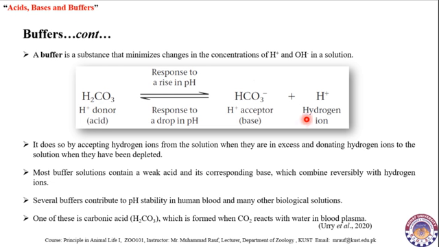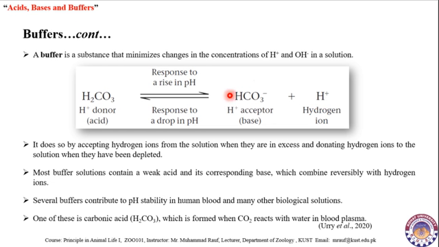If a base is added, then the base increases the concentration of hydroxyl ions. So what will happen to these extra hydroxyl ions? This reaction will move in the forward direction. The equilibrium will be shifted in the forward direction, and dissociation will occur, and the hydrogen ions produced as a result of rapid dissociation will bind with the hydroxyl ions and form water.